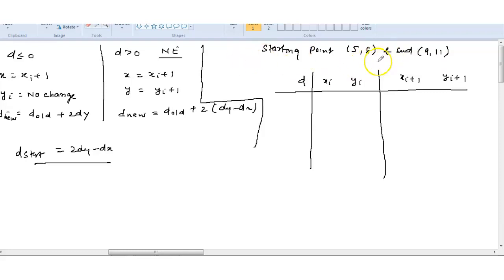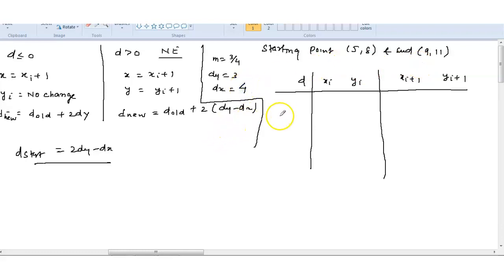The slope M is 11 minus 8, which is 3, and 9 minus 5, which is 4, so M is equal to 3 by 4. dy is equal to y2 minus y1, 11 minus 8, which is 3, and dx is equal to 9 minus 5, which is 4.